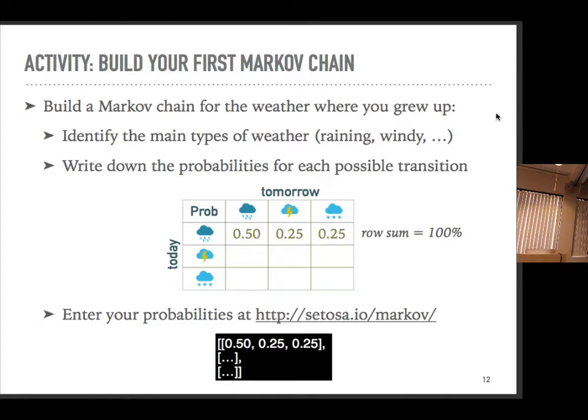So just to make sure we're on the same page, the question you need to ask yourself is, let's say it's raining today, what's the probability that it's raining tomorrow? Or lightning or snowing? And those things have to add up to 1, because tomorrow is going to happen. It is going to have some weather. Sunny?